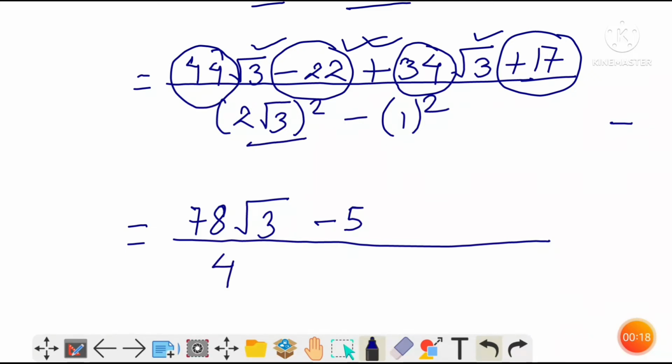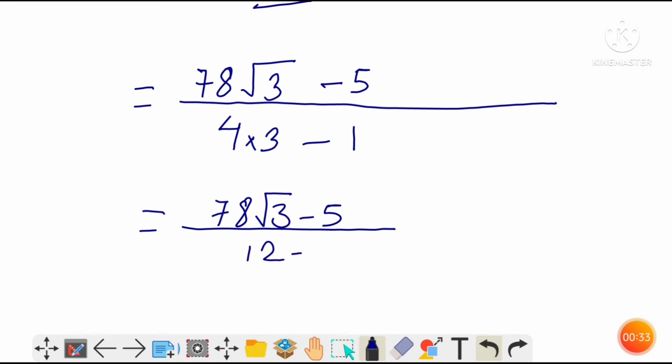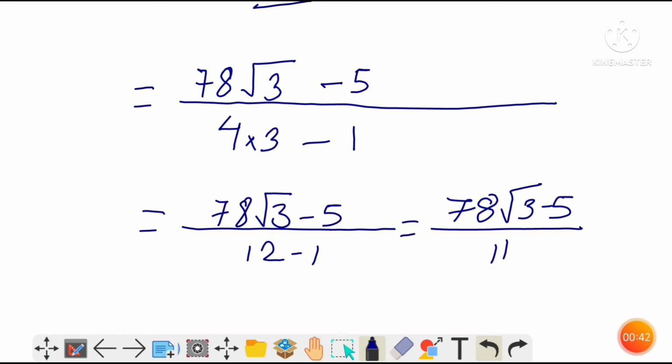So we'll have 5. And here we'll have 2 2s are 4 into 3 minus 1. So we got 78 root 3 minus 5 by 4 3s are 12 minus 1, that is 11. 78 root 3 minus 5 upon 11.